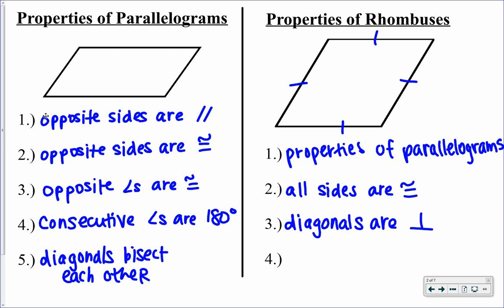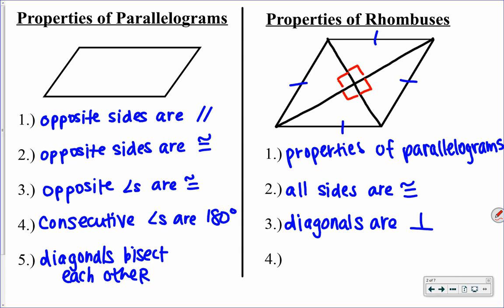And if diagonals are perpendicular, that means that they make a right angle, because perpendicular lines give us right angles. So all of the angles in the middle where the diagonals meet are right angles.